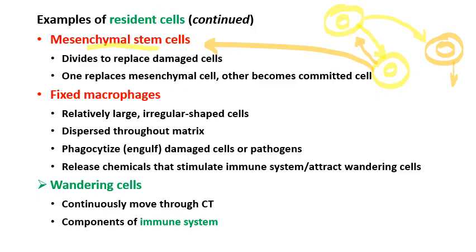Okay, and then you have these guys here that are fixed macrophages. They are immune cells, and they sit in the tissue and they just stay there. They don't like to be wandering around like other cells of the immune system. So they are actually quite easy to be identified.